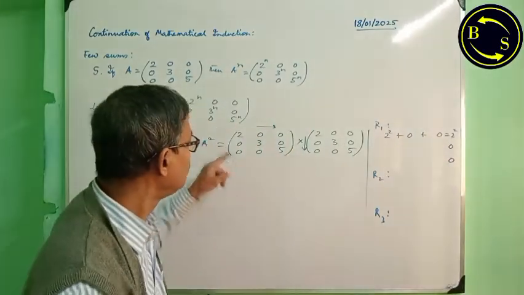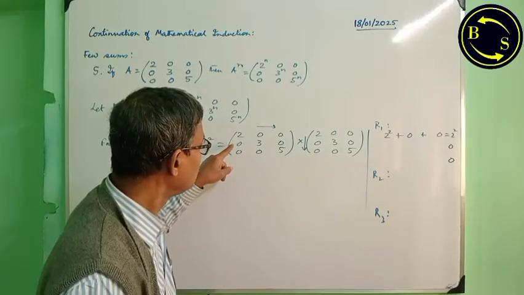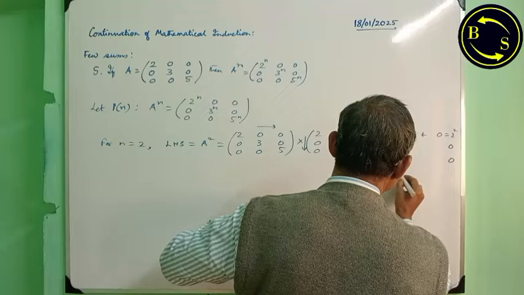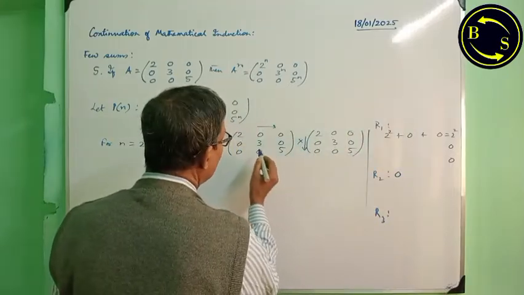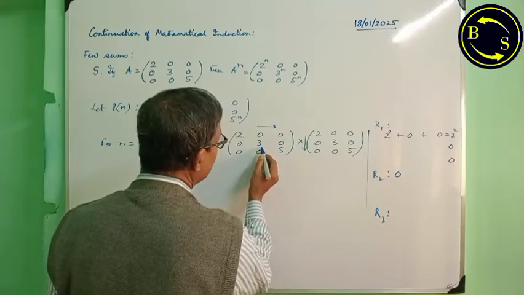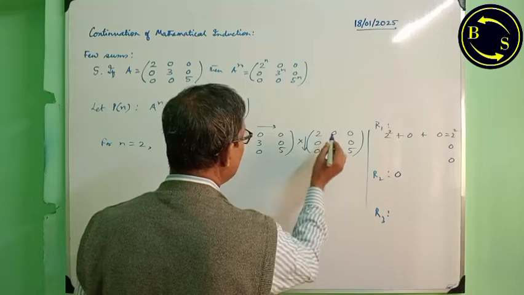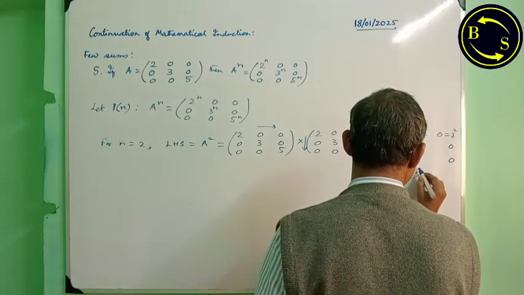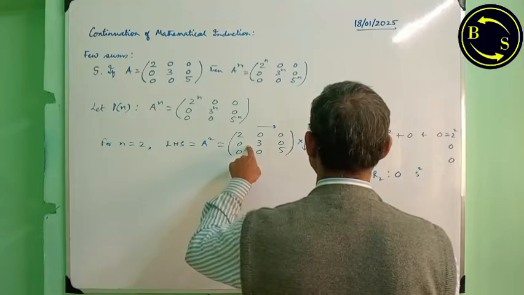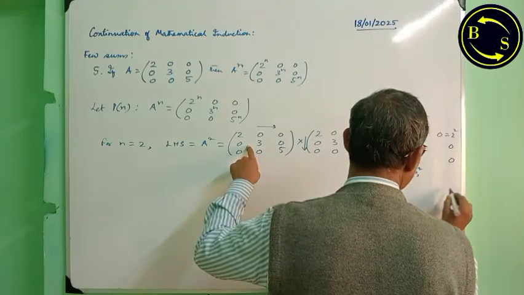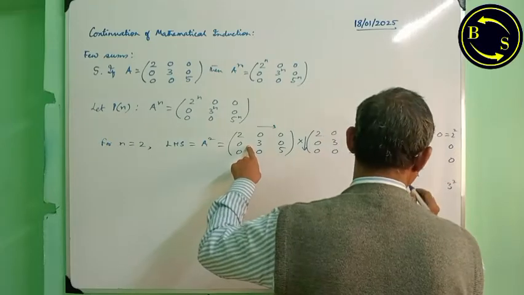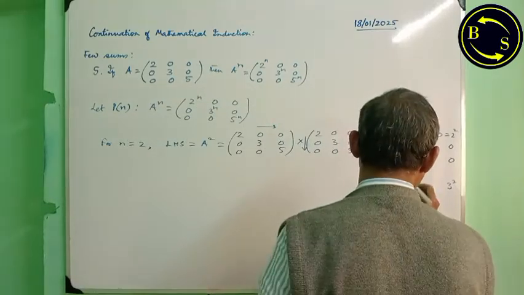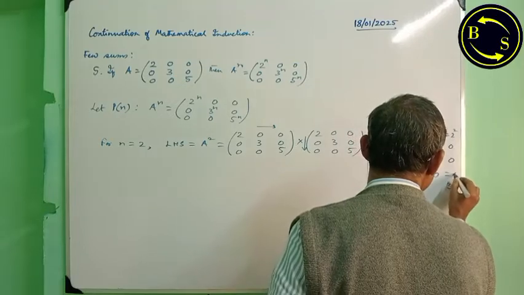Then for the second row, we consider the second row first with the first column, that will be 0 into 2 plus 3 into 0 plus 0 into 0, that means 0.